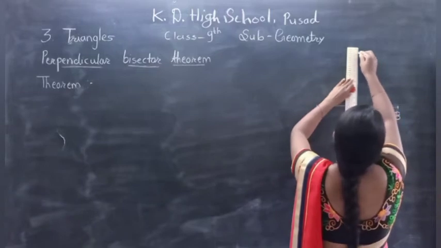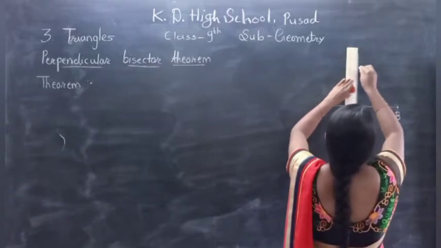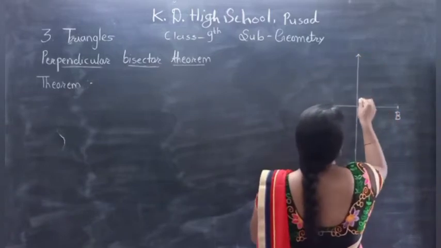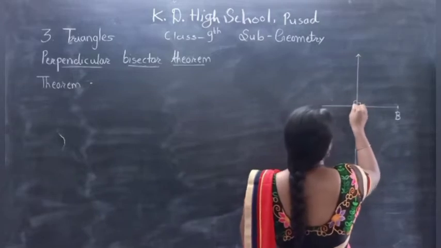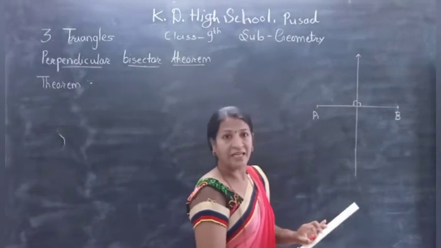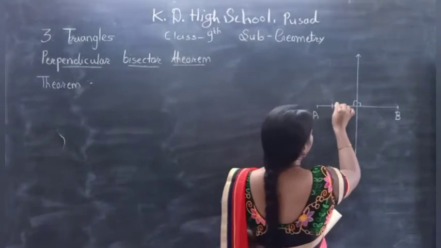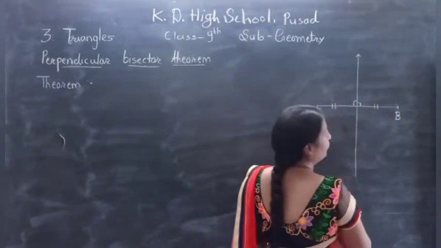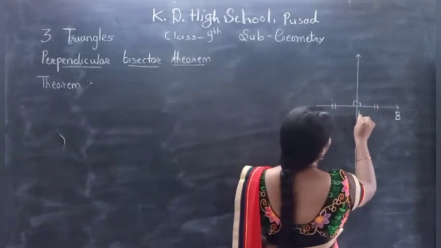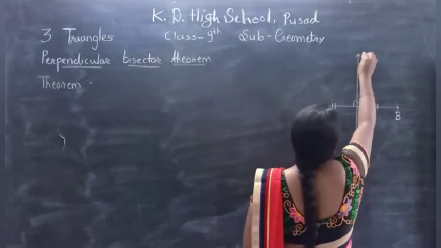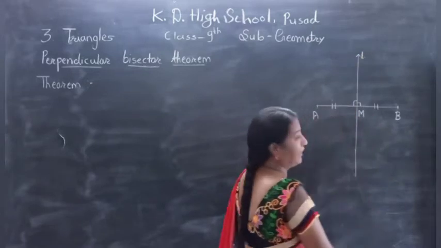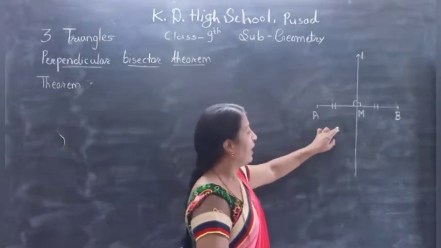Perpendicular means making an angle of 90 degrees with segment AB. This is the meaning. And bisector means it divides the given segment into two congruent parts. So the line L intersects segment AB in point M.